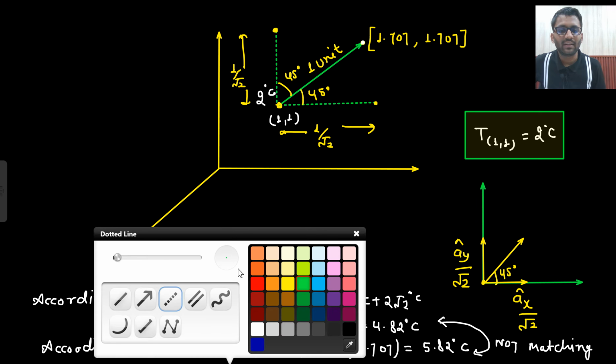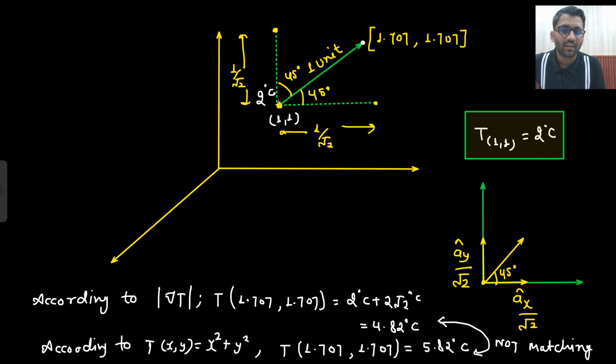What do I mean by that? Just say if I work for 1 unit here, where will I reach? If I work for 1 unit in y direction, this is your x I am assuming, this is your y. So if I work for 1 unit in y direction, I will reach the point (1, 2).